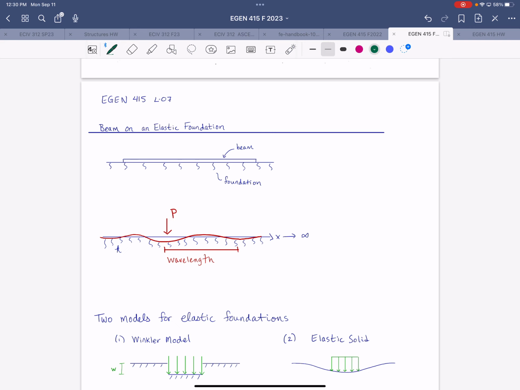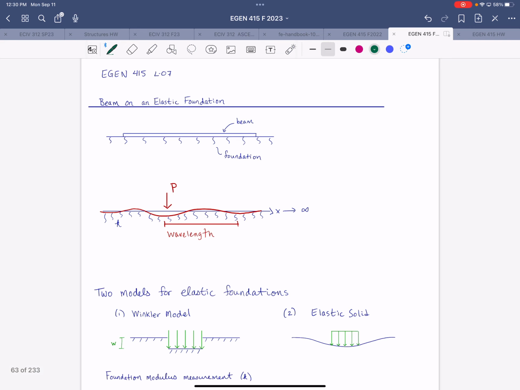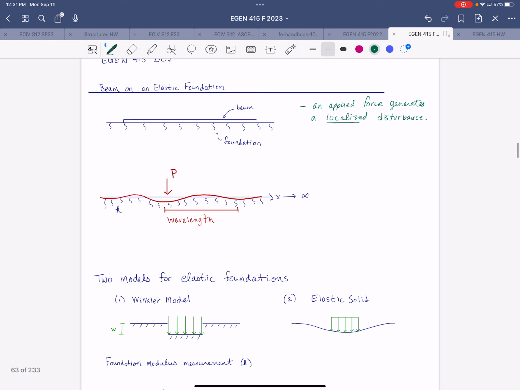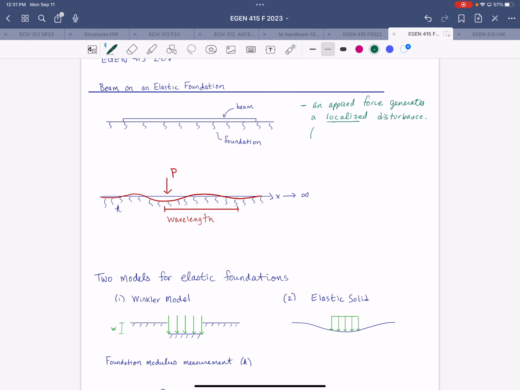All right, so we have a beam on an elastic foundation. An applied force will generate a very localized disturbance. In other words, all of the deflections and internal forces will dissipate with distance from the applied load.